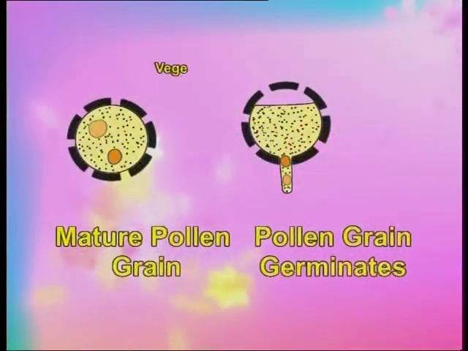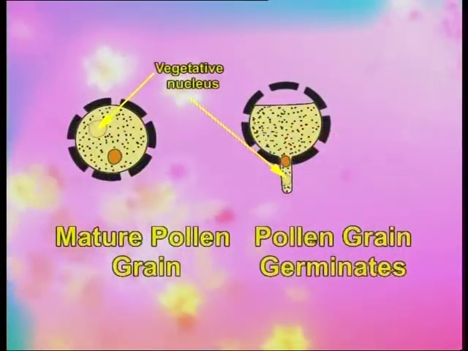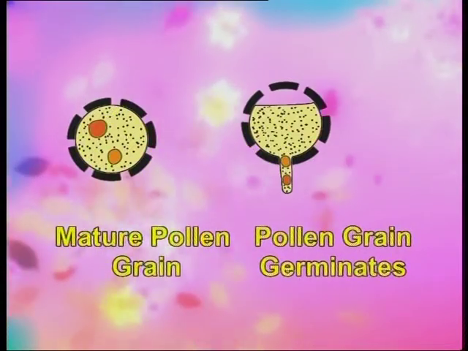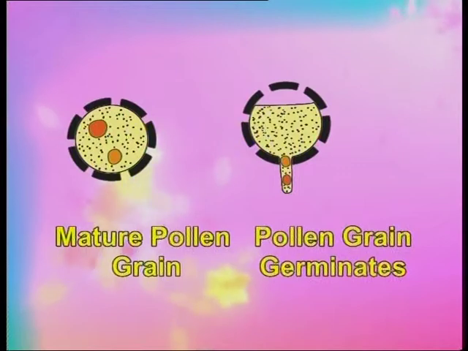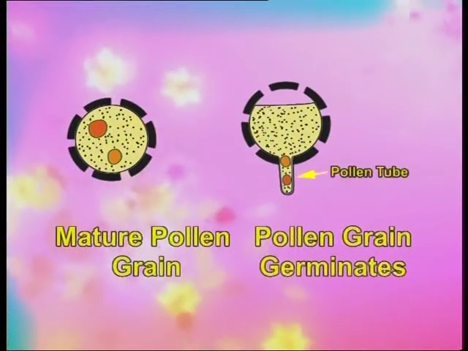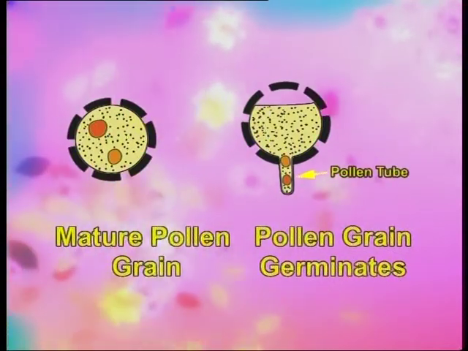Well, the stigma makes a sugary liquid that causes the pollen grain to grow or germinate. As a result, a pollen tube grows out from each pollen grain. Look at this.